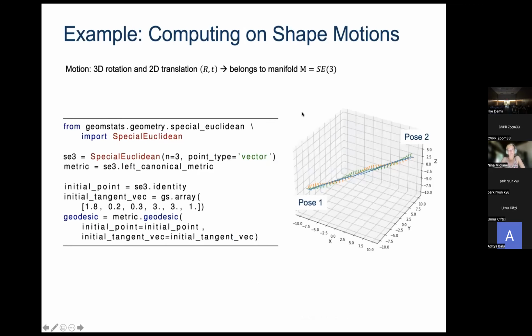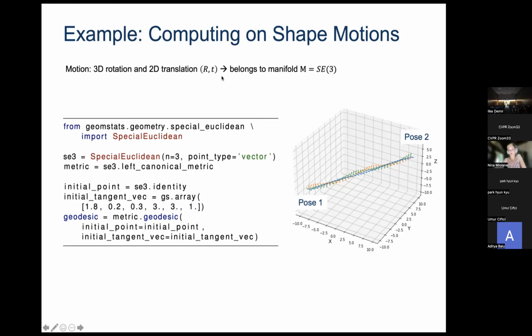So let me give you an example of how you can use this software to compute with shape representations and, let's say, shape motions. So let's say you're interested in knowing how a shape evolved from being in an orientation R1 and translation or position T1, to an end pose, which we could call R2 for rotation 2, and T2 for translation 2.